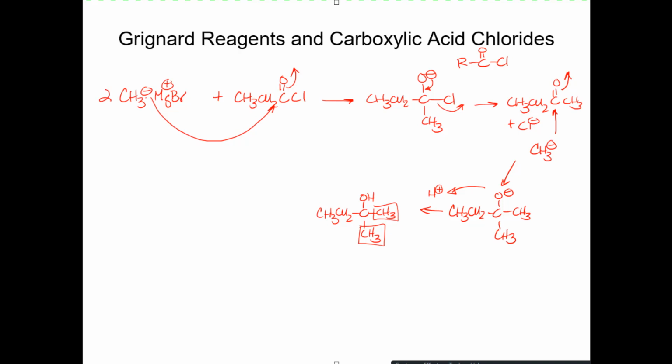So these are slightly different mechanisms, but it introduces the idea that when you add a nucleophile to a carbonyl, that O- will want to reform the carbonyl always, but it can only do it if there's a leaving group present. Okay, so that's acid chlorides and Grignards.